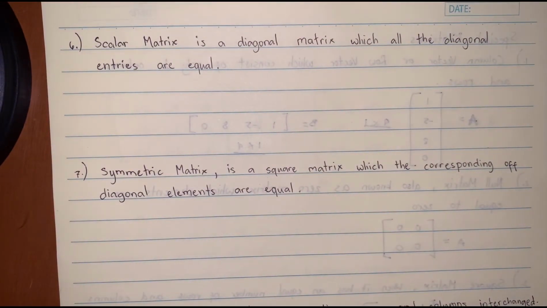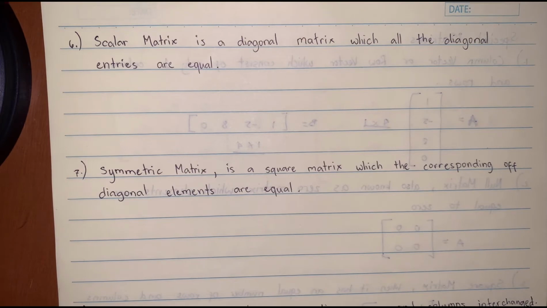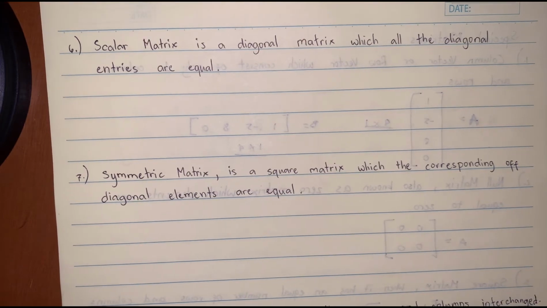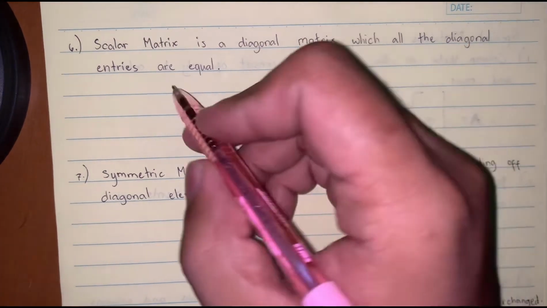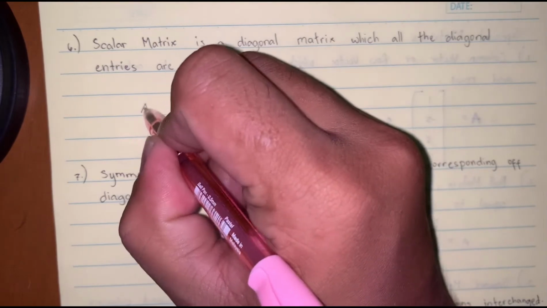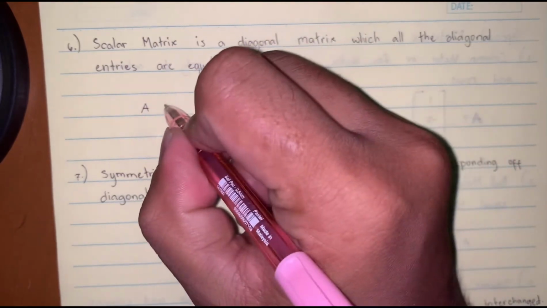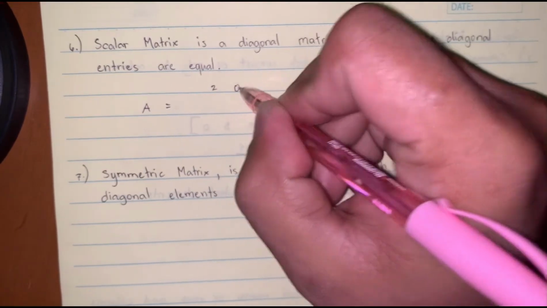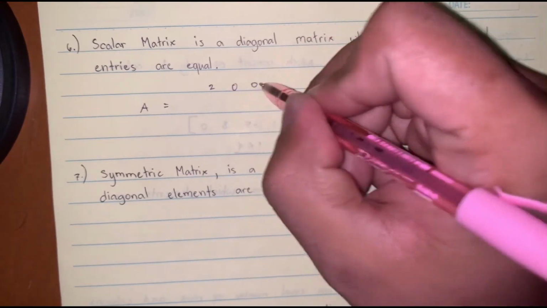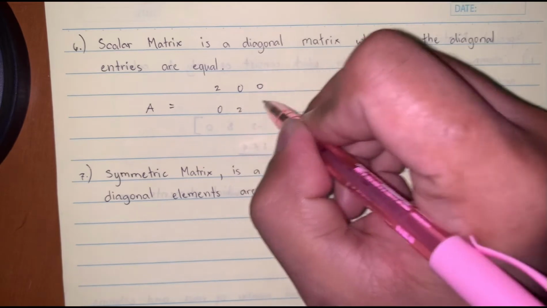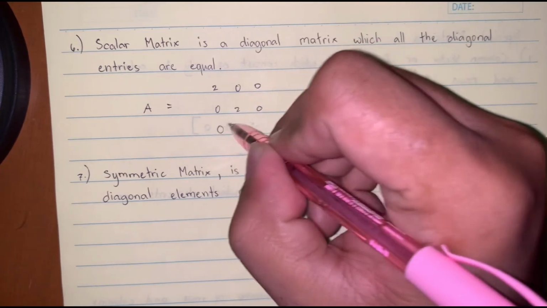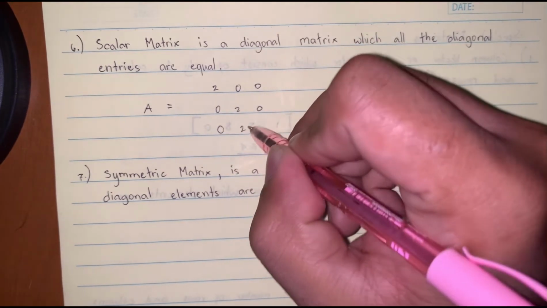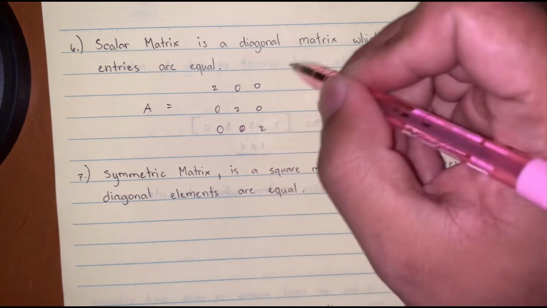Number 6, scalar matrix. Ito ay diagonal matrix in which all the diagonal entries are equal. For example, let A is equal to 2 0 0, 0 2 0, 0 0 2.